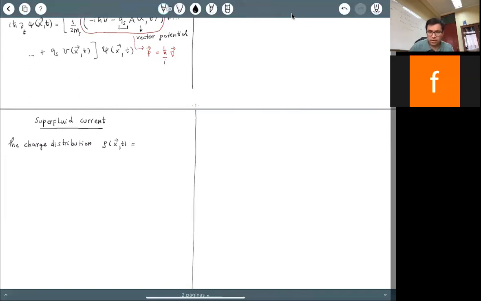This is analogous to electrodynamics. So we have a charged particle. This is the charge of the particle, which is a Cooper pair. And then we have the probability density. Of course, this is a probability density.